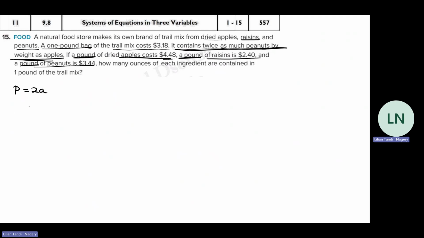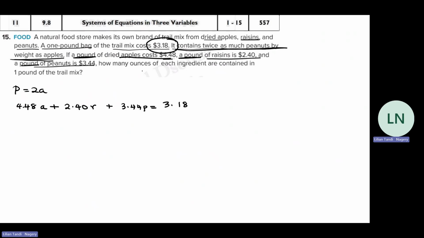So I can write another equation. 4.48A plus 2.40B, or R because of raisins, plus 3.44P should add up to how much? To 3.18. Okay, that's my other equation.